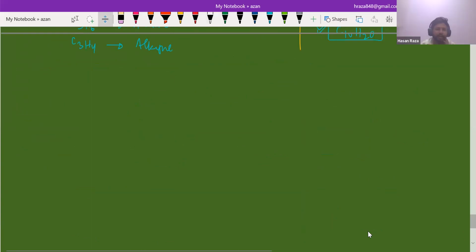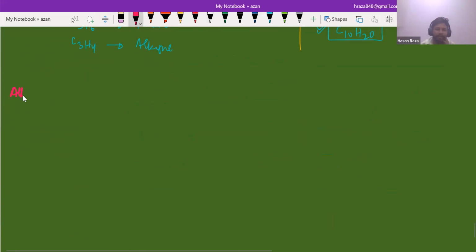See, I'm going to write it again. Just focus here. Here it is alkane, here it is alkene, and here it is alkyne. The general formula is basically CnH2n+2. See, the n and 2n in subscript show the number of carbon and hydrogen.